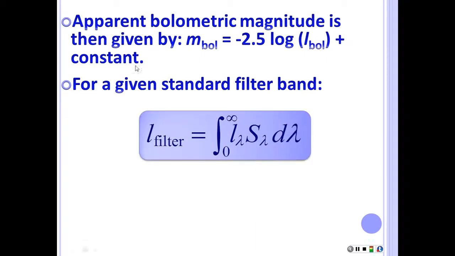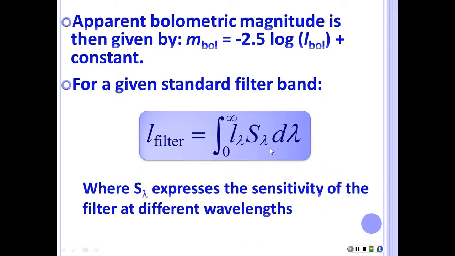And so what we need to do is to be able to get this L-bol, and if you've got some filter or other, this is going to affect what passes through. So a standard filter will depend on the brightness at a certain wavelength, and its bandpass. Remember, V was peaking in green. This is basically how that changes with wavelength.